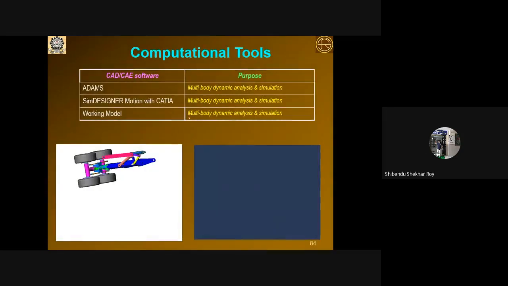Now, I would like to conclude here by noting that in today's age of IT, IoT, and machine learning, computational tools are very important. Automation is very important. You know that in today's world, even after the post-COVID situation, automation is the most important tool.